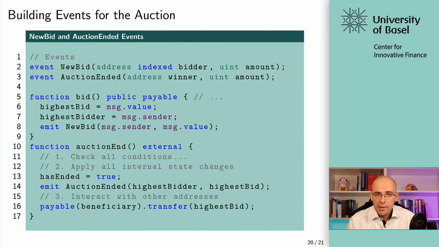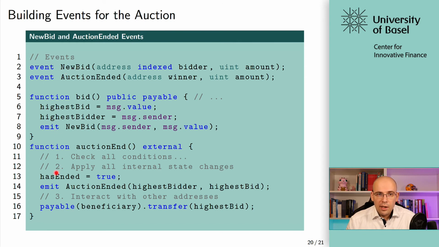So that's the way you declare these events, and then to emit them, you just add them to the respective function. So in this case, we have the bid function where you emit the NewBid event. And in terms of the parameters, you're saying, okay, this first one is the message sender, and the second one is message value. So obviously the address should be the message sender, the person who bids, and here the amount, that is the message value, you know, the amount that has been bid, okay?